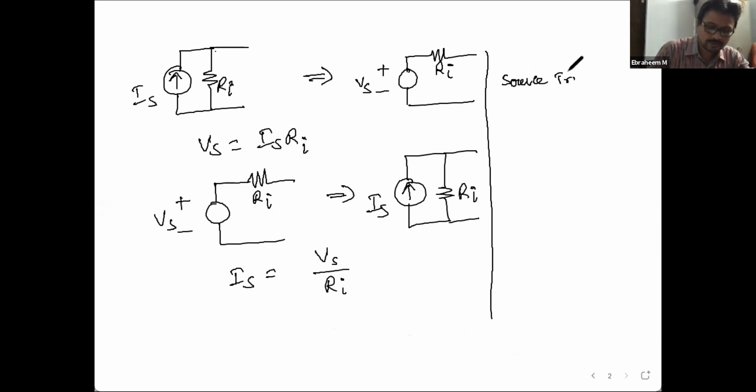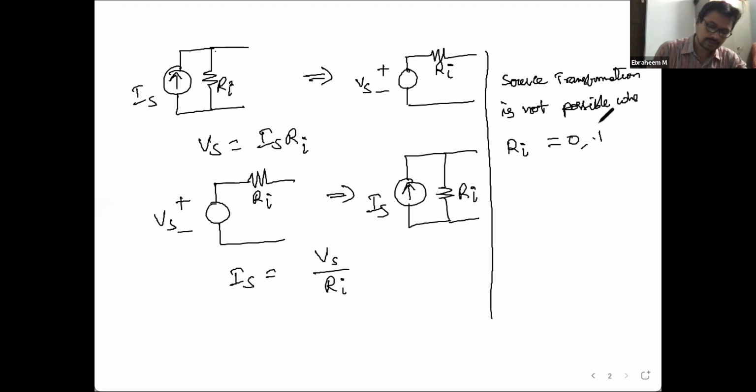Source transformation is not possible when Ri is equal to 0. Then Is becomes Vs by Ri, which is equal to infinity.